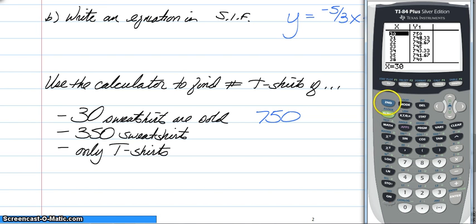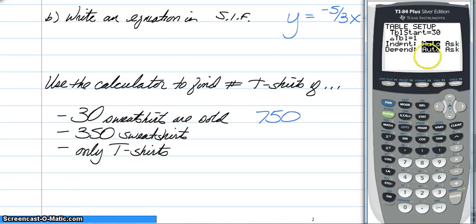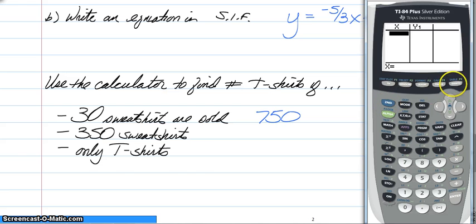Okay? Now here's another thing you could do. Remember, my table was initially set on auto. If we go back to the table setup and go down to the independent variable, aka X, and switch it from auto to ask, this is what's going to happen. When you go back to the table, it's not going to have anything, because you get to tell it what to be.